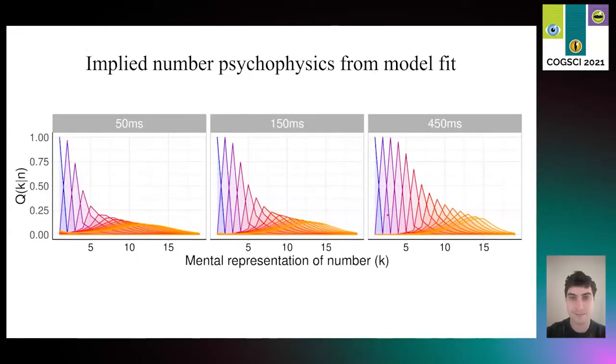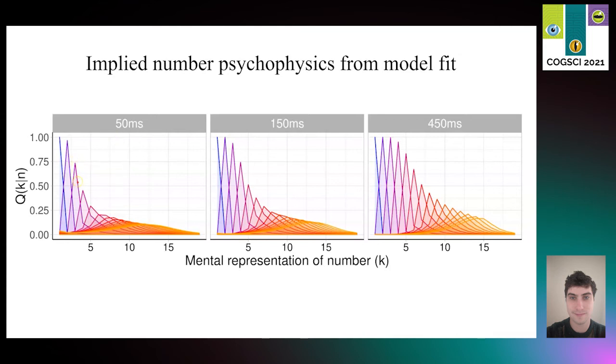So we can take people's performance on this task and use it to guide what we think number psychophysics should look like, if it was all just a function of spatial memory. These curves are what the model predicts about what people's number psychophysics should look like.